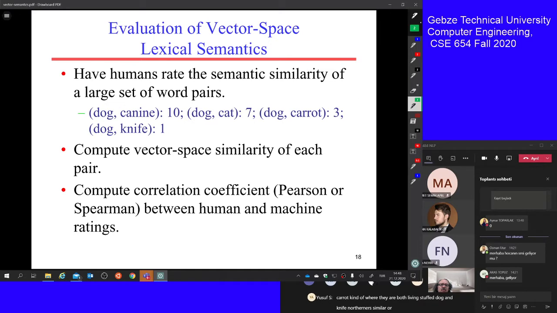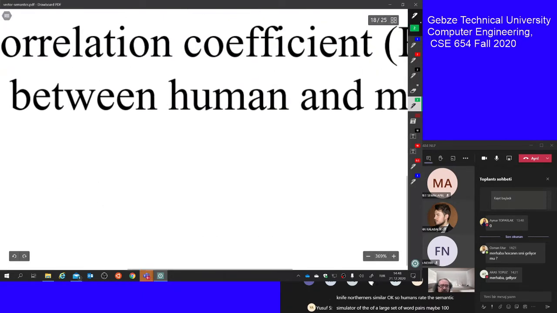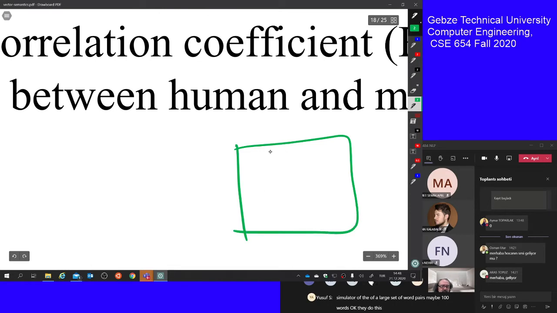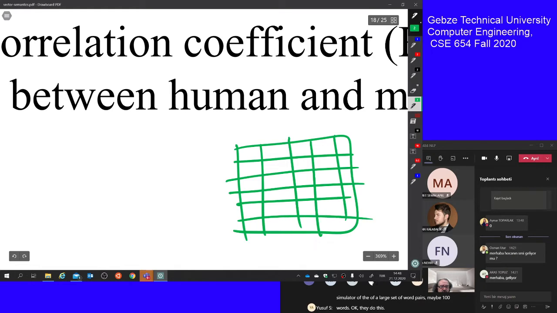So humans rate the semantic similarity of a large set of word pairs, maybe 100 words. They do this, 100 words by 100 words. Of course, the diagonal doesn't make sense. So this is dog, cat, knife, flower.